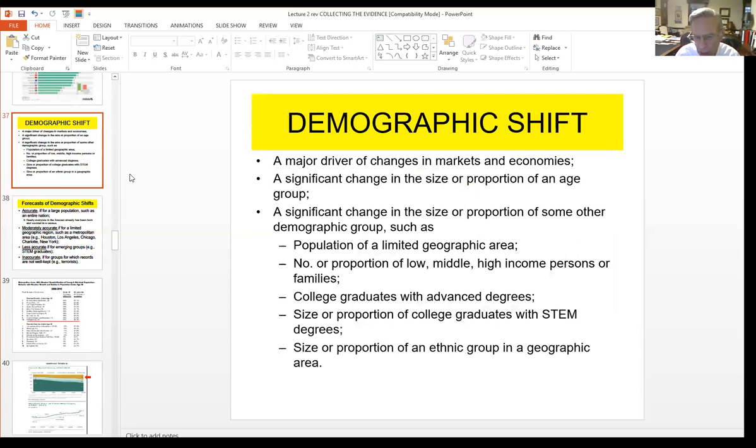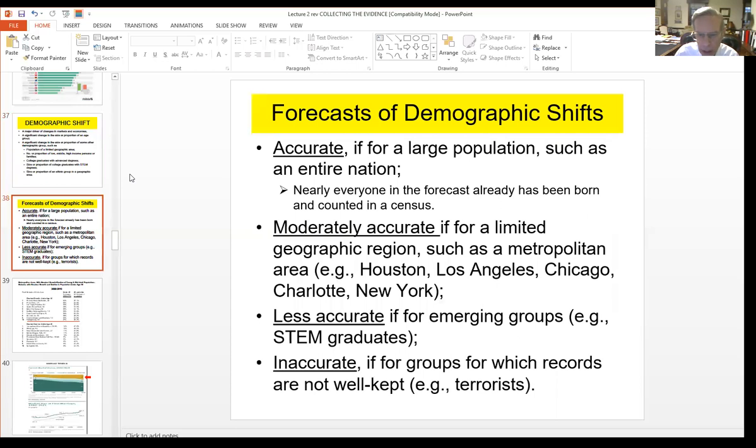Could be that because of economic development, the proportion of people in low, middle, and high income groups changes over time. So the number of people who are going to college, ethnic groups, all these things are demographic shifts when their sizes change. Well, let's talk about geographic migration.